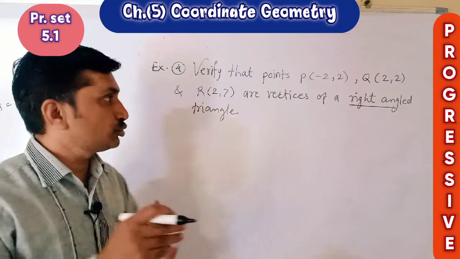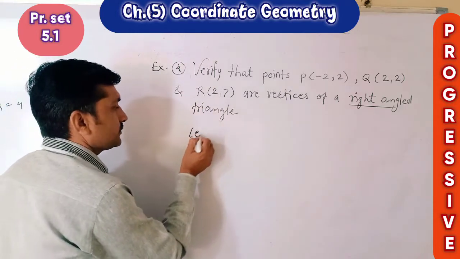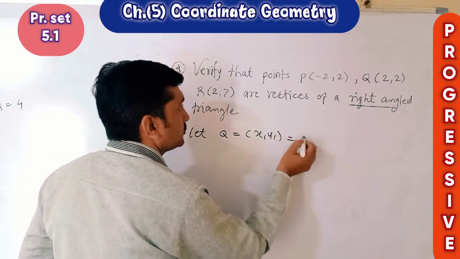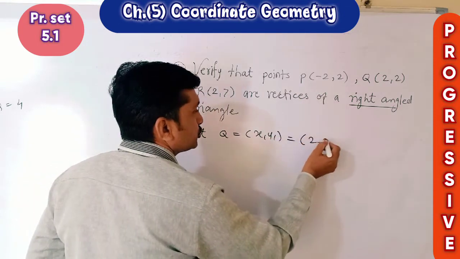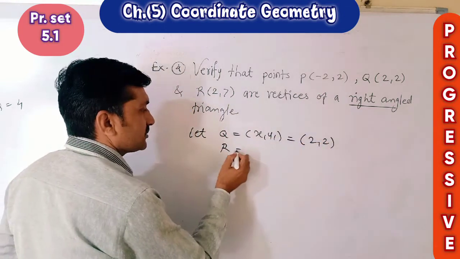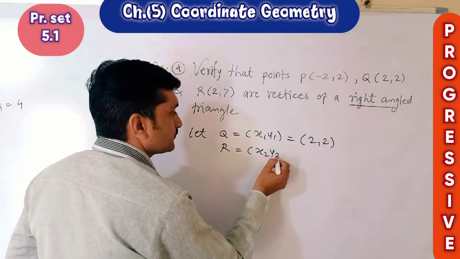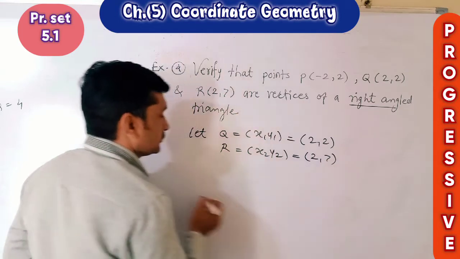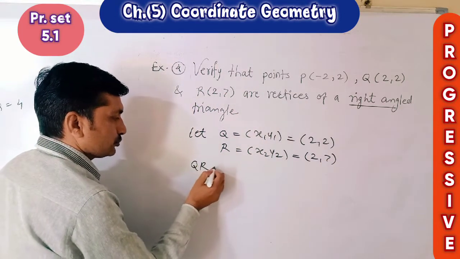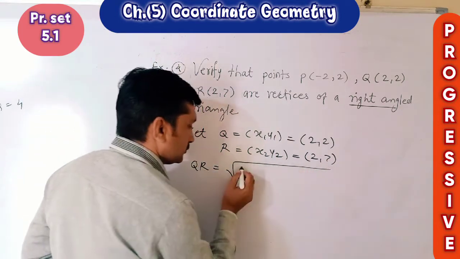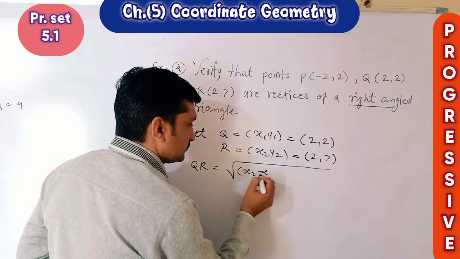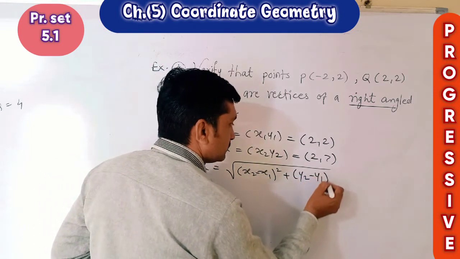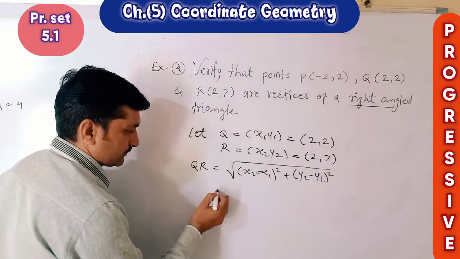Now let's find QR. Let Q is equal to (x1, y1), coordinates are (2, 2), R is equal to (x2, y2), coordinates are (2, 7). Therefore QR is equal to square root of (x2 minus x1) bracket square plus (y2 minus y1) bracket square, distance formula.